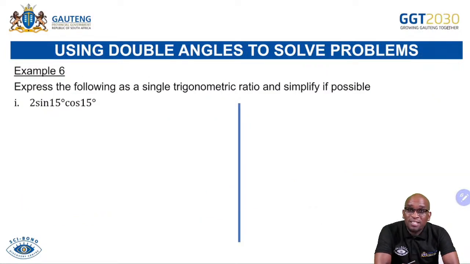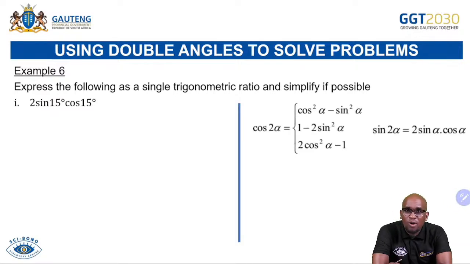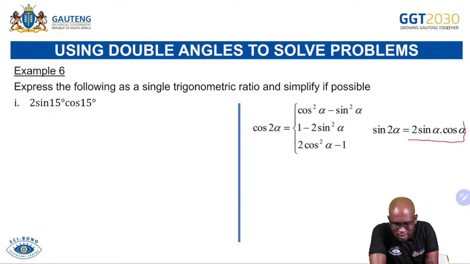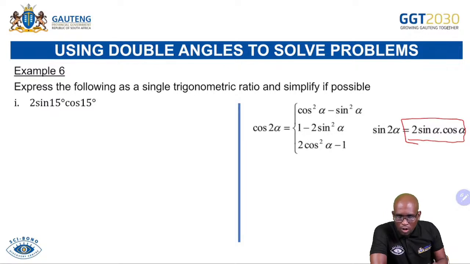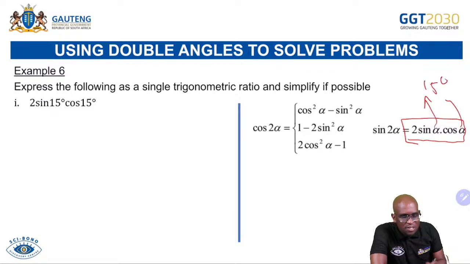Express the following as a single trigonometric ratio and simplify if possible. So I have 2 sine 15 cos 15. I'm bringing along my glossary here for the double angles. I can see that it looks like this, where alpha here is 15 degrees.